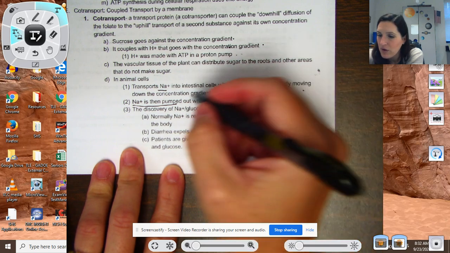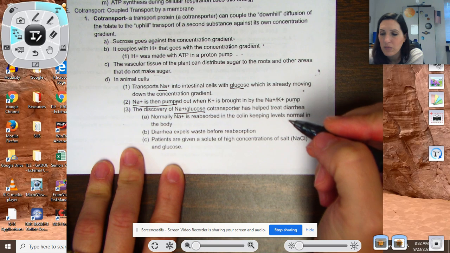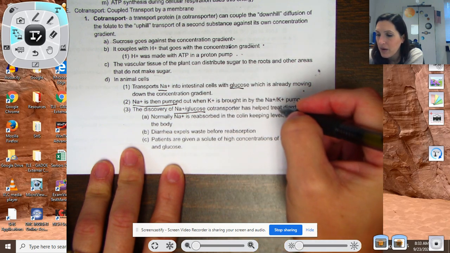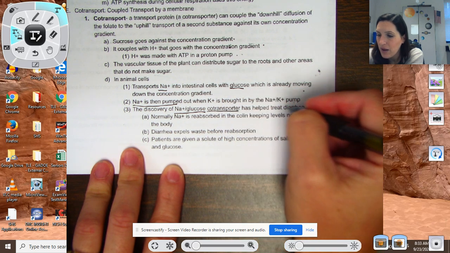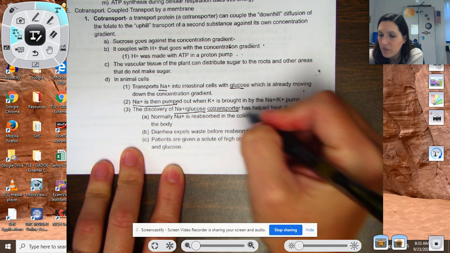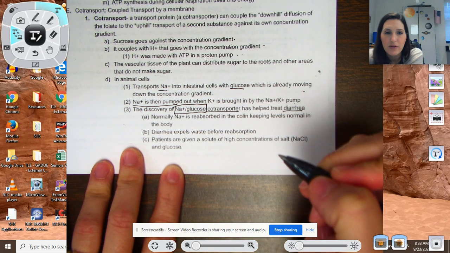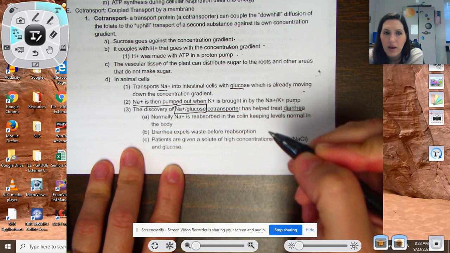The discovery of a new pump, a sodium-glucose co-transporter, I think I said that word wrong earlier, has helped treat diarrhea. So these two go together in this new pump, sodium and glucose in a co-transporter.